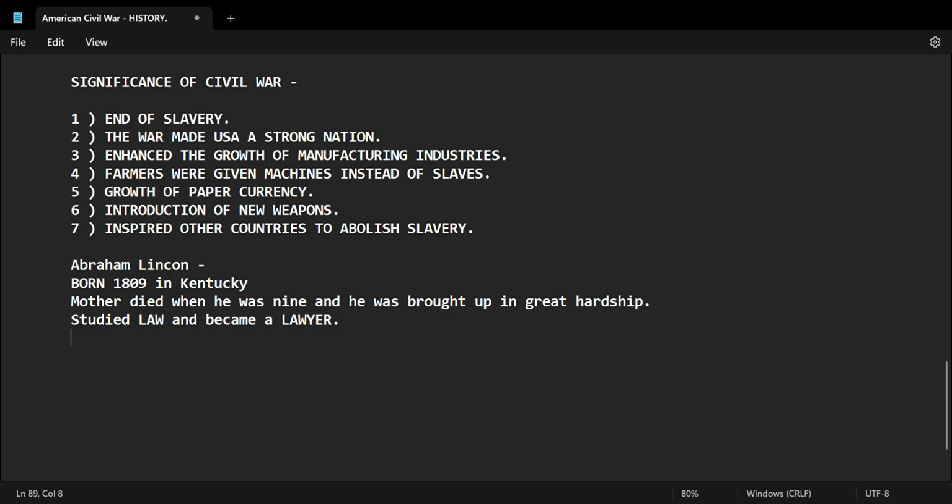So he was a distinguished lawyer, and also he was a great orator. Now in 1847, he was elected to the Congress and retained his seat till 1849.